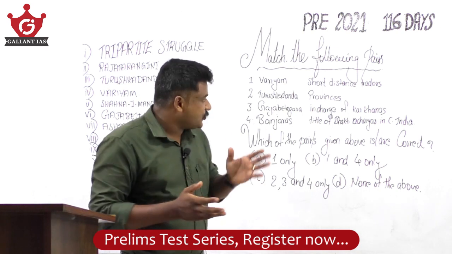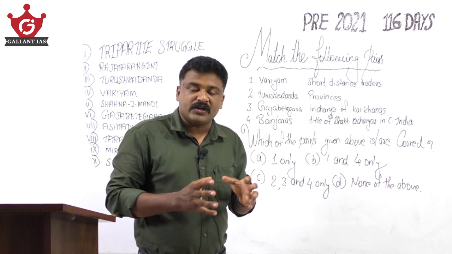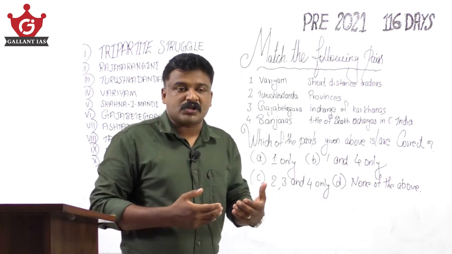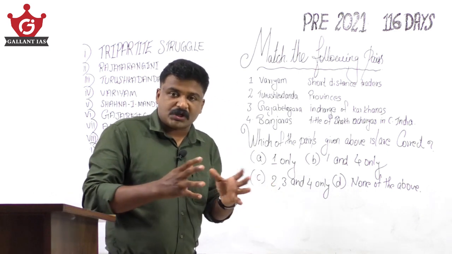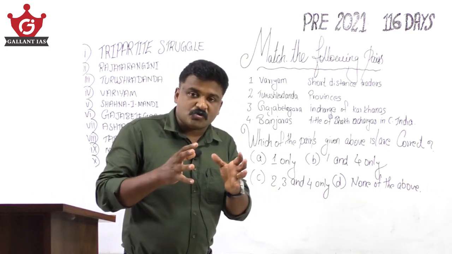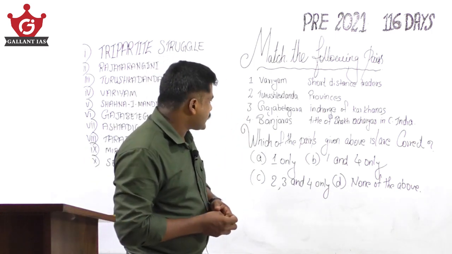Turishka Danda is basically a tax imposed on the people by Gahadwala rulers, to meet the war expenditures while fighting with these Turk invaders, or to pay a tribute to these Turkish invaders in order to avoid war.